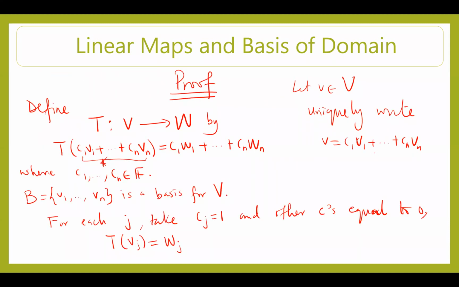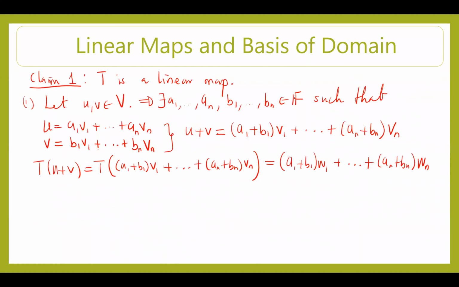I can remind you from here: T takes C1 V1 up to Cn Vn and then produces these vectors with the same constants, W1 up to Wn, with the same constants as the linear combination we chose from the domain.